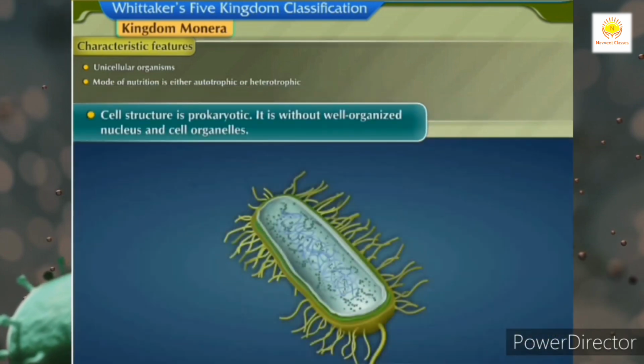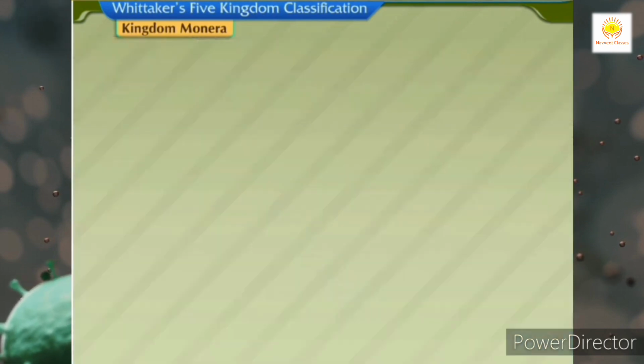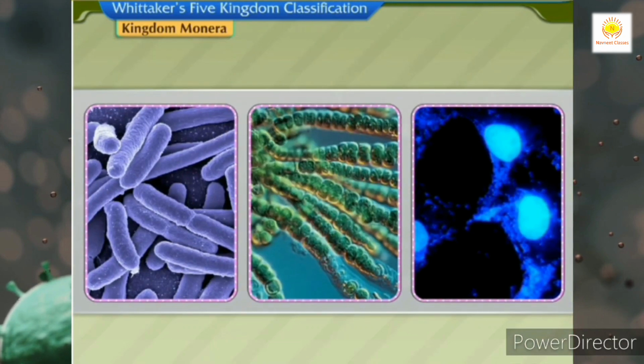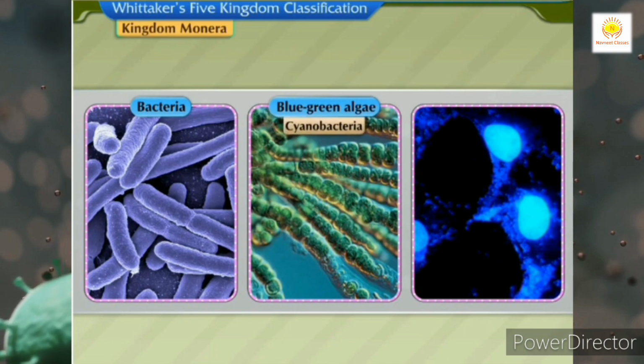Cell structure is prokaryotic. It is without well-organized nucleus and cell organelles. Example, bacterial cell. This kingdom includes bacteria, blue-green algae or cyanobacteria, and mycoplasma.